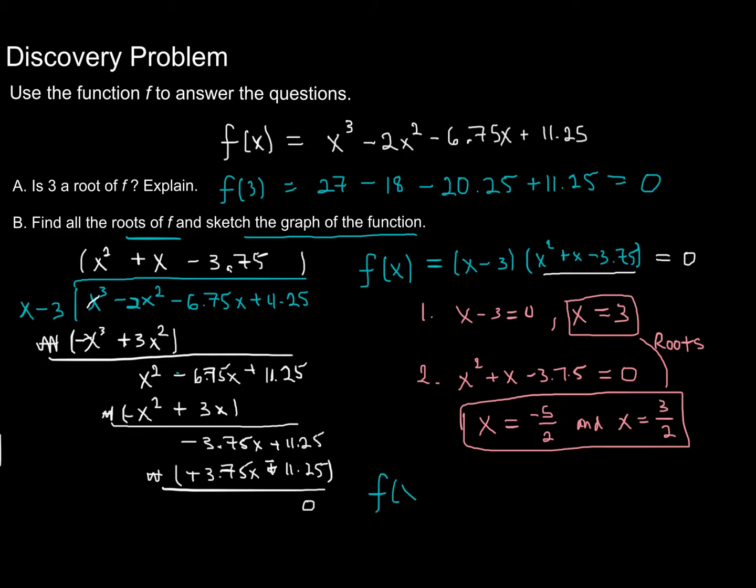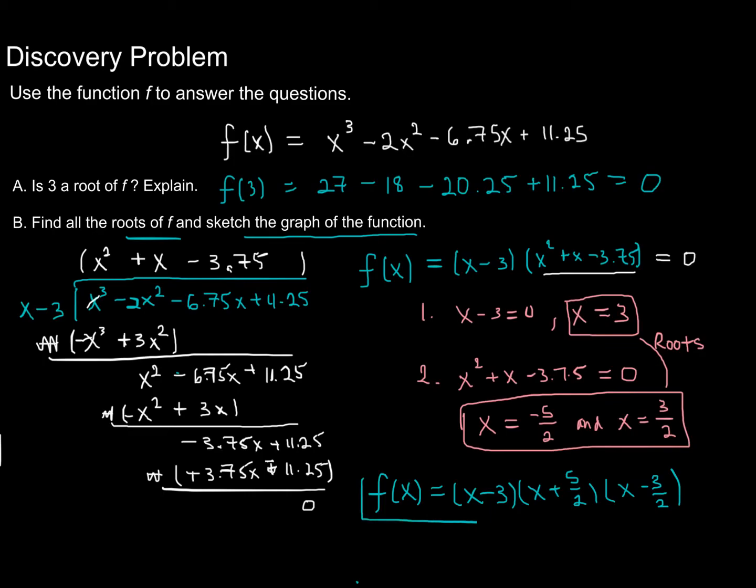So my function, f of x, is x minus 3 times x plus 5 halves times x minus 3 halves.